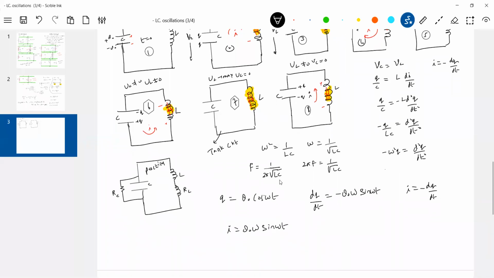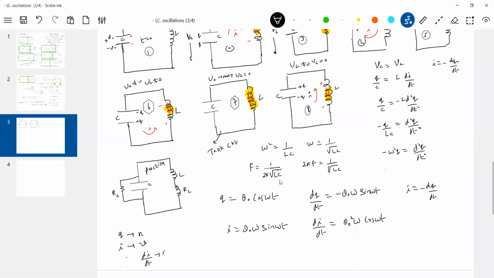I'll differentiate again, di by dt, which should be equal to Q naught omega square cos omega t. Charge is similar to displacement. Current is similar to speed or velocity. di by dt is similar to acceleration. These are the terms which we are going to correlate.